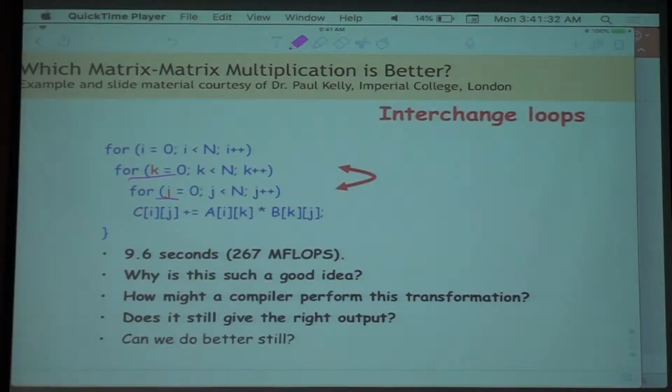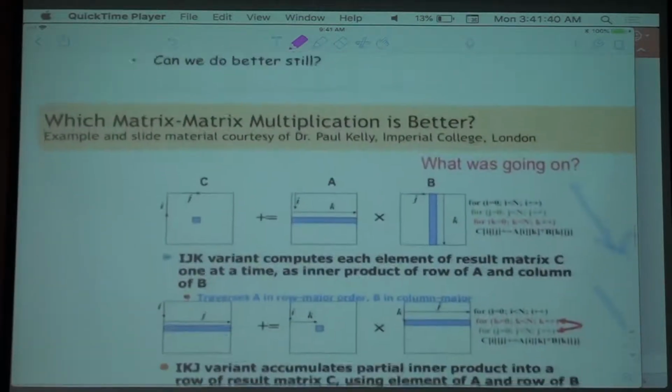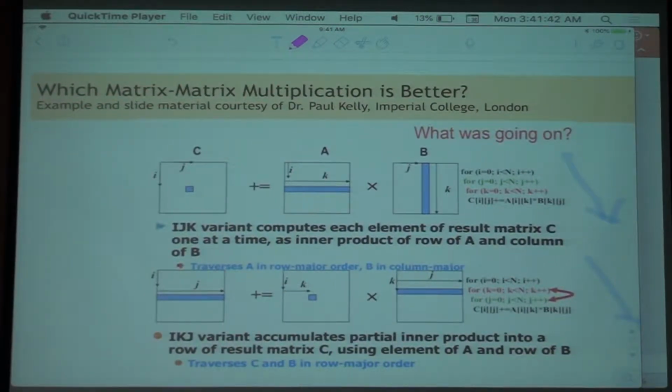Interchange loops, that's it. Make it I K J. So it's the same A IK, B KJ, but now J is traveling faster than K. In this case, you can draw pictures and figure it out. This is C IJ. C IJ is nicely going this way because J is traveling faster than I, so you are still sweeping this way.